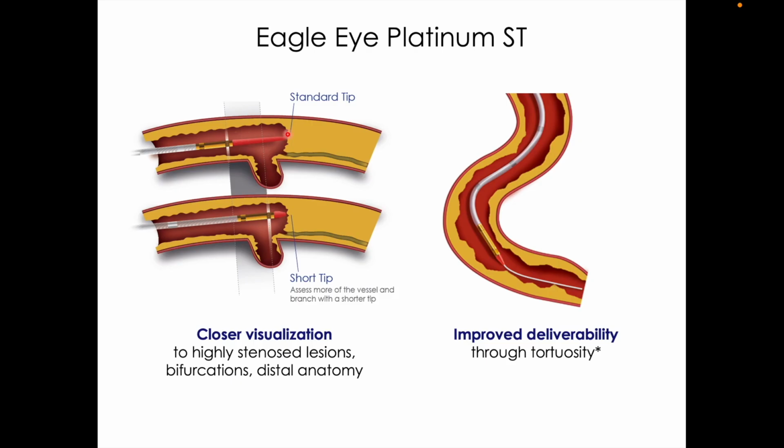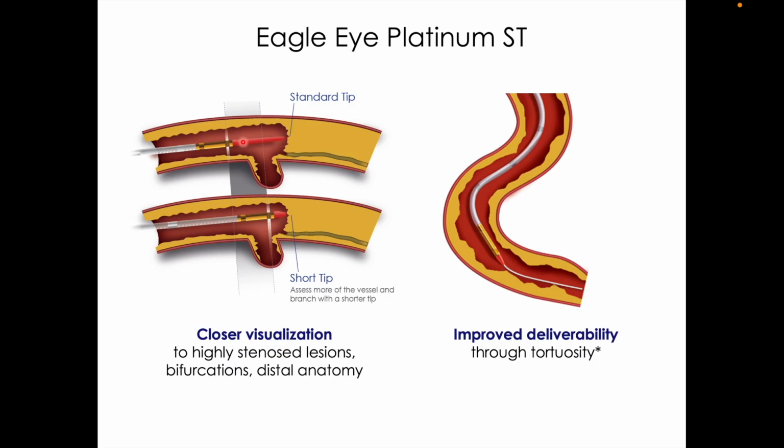So the Eagle Eye Platinum catheter comes with two sorts of tips. One is a long tip, the other one is a short tip. We luckily acquire the short tip ones because we do know that the IVUS catheter gives an image by looking on the sides. These are not forward looking IVUS catheters. So if you have a long tip, this is a CTO here and that's a branch coming off here.